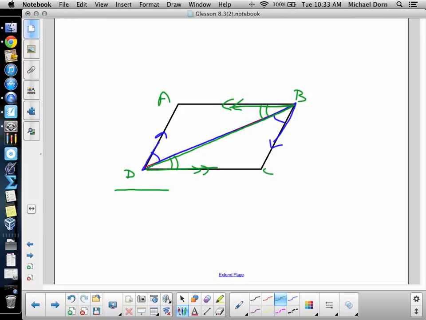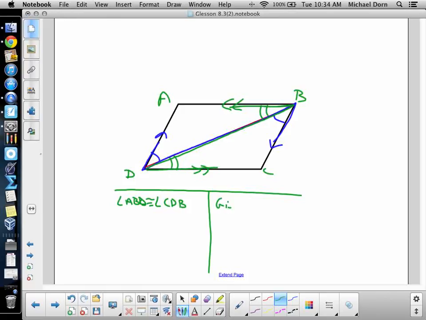Honestly, for me, the easiest way to do it is standard two-column format. Not a full formal proof, but that's a nice way of doing it. So I'd say that angle ABD is congruent to angle CDB.